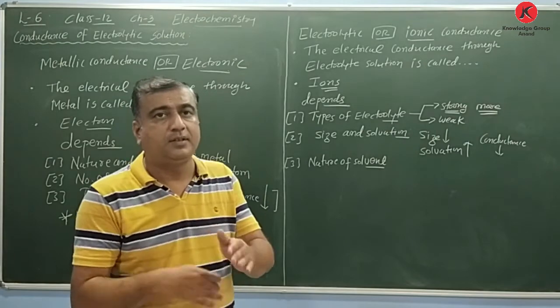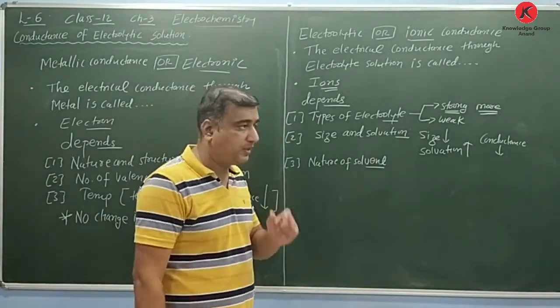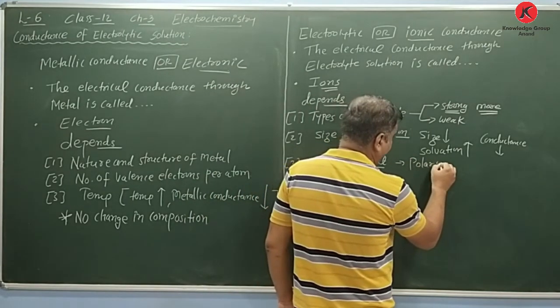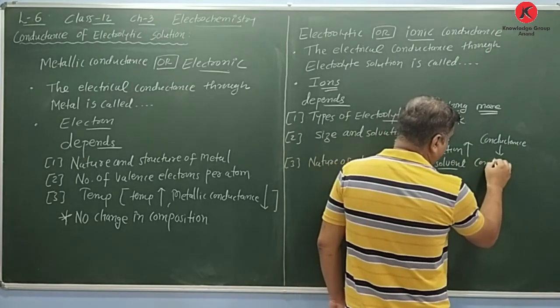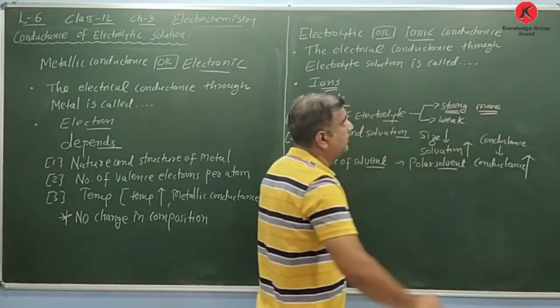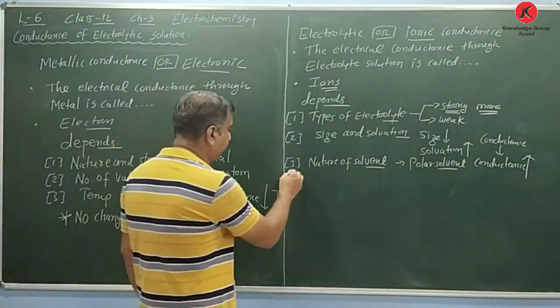That means the higher the polarity of the solvent, the conductance increases. That means in a polar solvent, the value of conductance increases. More will be the conductance in a polar solvent.